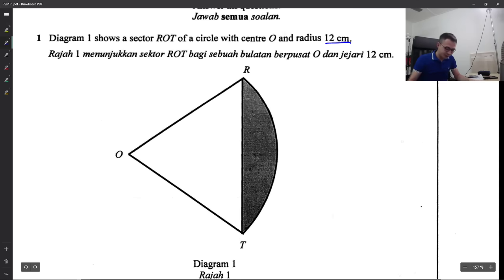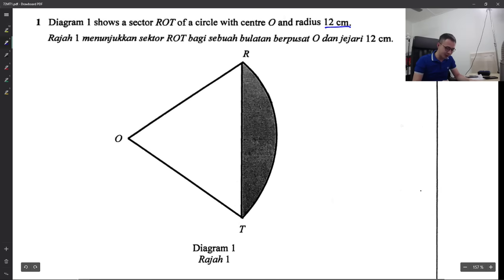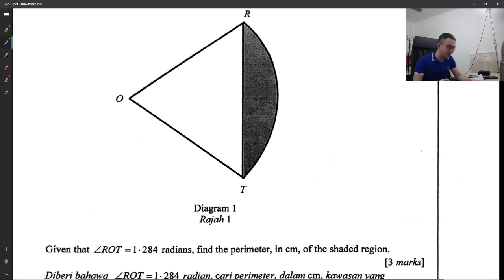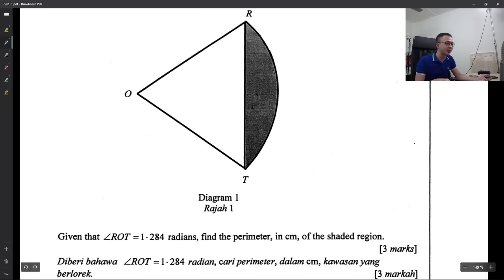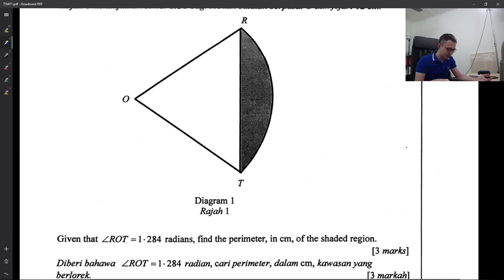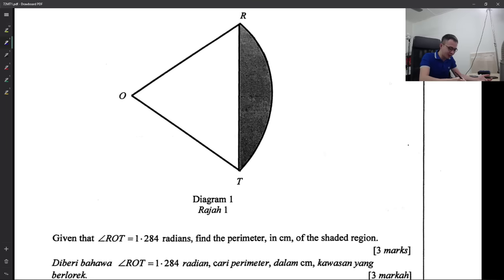The question also gives you the angle. Let me zoom out a little bit so you can see more. The angle ROT is given, and this angle is 1.284 radian. Find the perimeter of the shaded region.